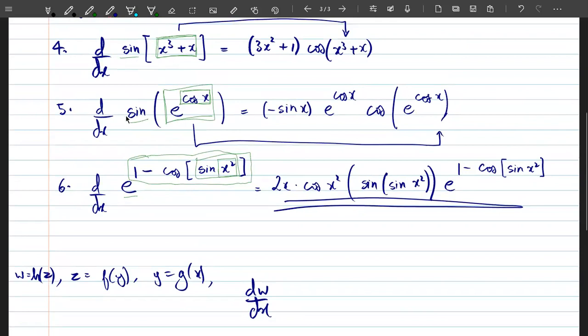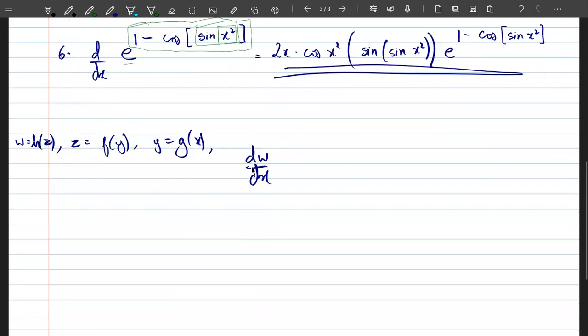You have three functions composed together: cos x composed with e to the power composed with sine. So this would be dw upon dz, because w is a function of z, multiplied with dz upon dy, because z is a function of y, and then finally dy upon dx, because y is a function of x. So you can see the chain getting extended.